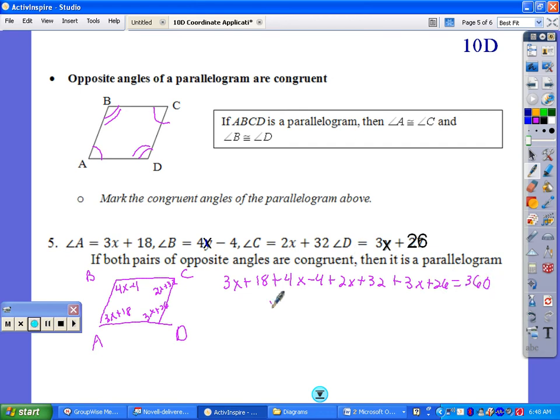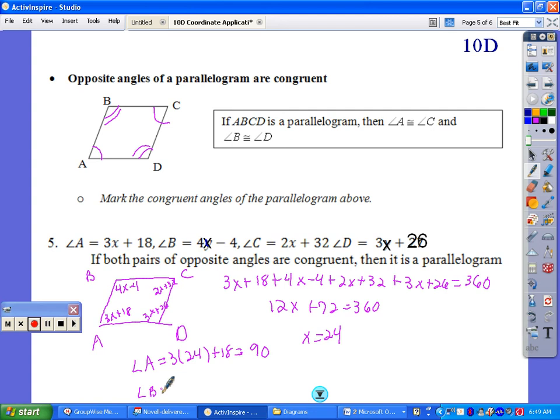And so if we add our like terms, we get 12x plus 72 is 360. And then if we solve it, we're going to get x is 24. To know if the angles across from each other are equal, we have to plug them back in. So angle A, we plug 24 in, and we get 90.